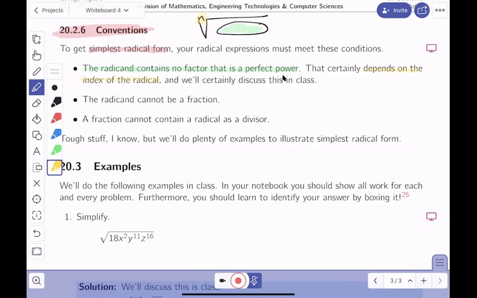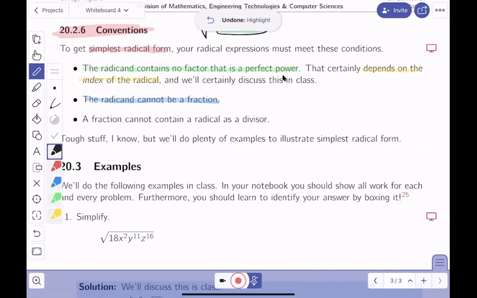All right, next two, pretty nasty. Let's talk about one step at a time. The radicand cannot be a fraction. So we have a simple rule for that. The nth root of a fraction can be written as the nth root of A over the nth root of B. Well, that's certainly taken care of.